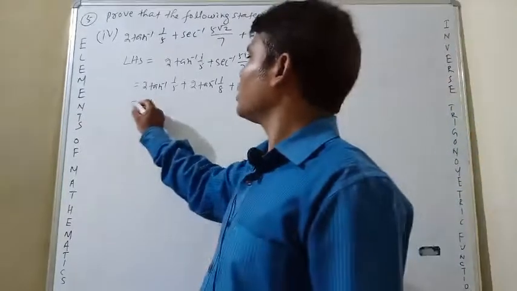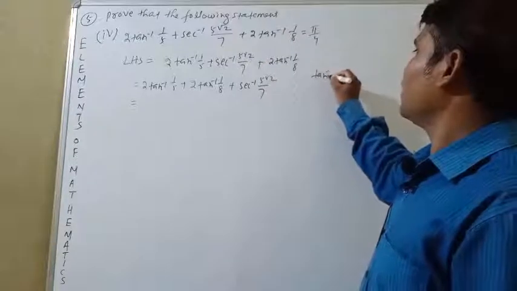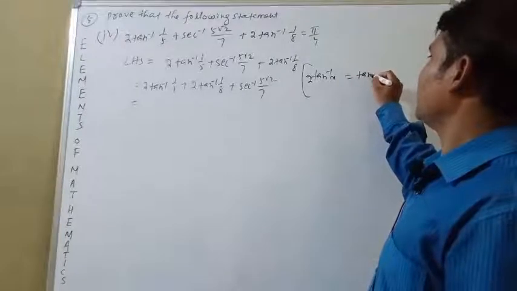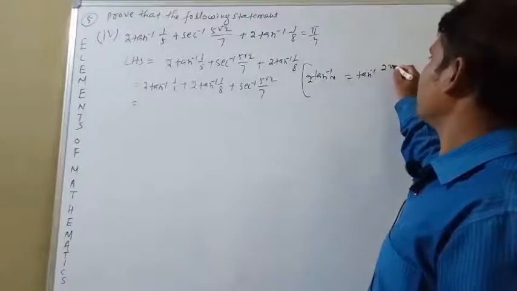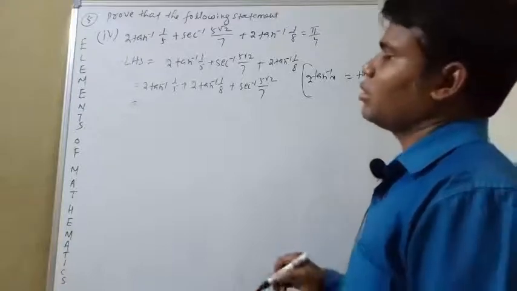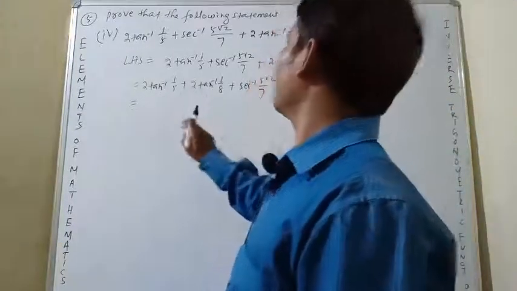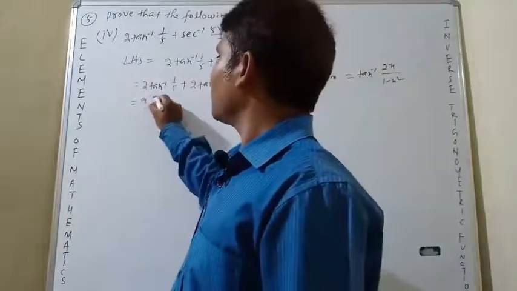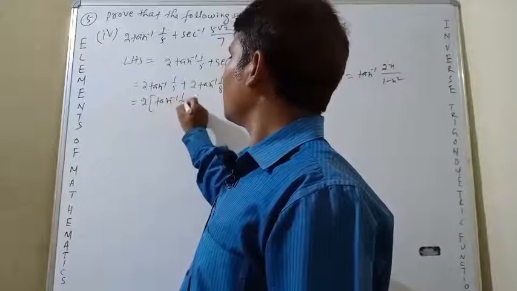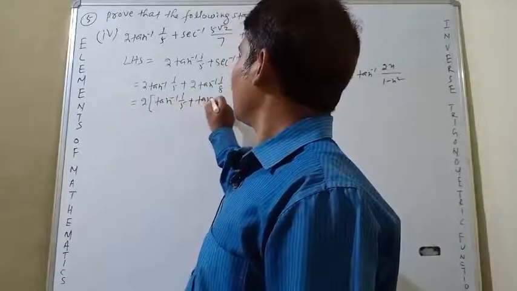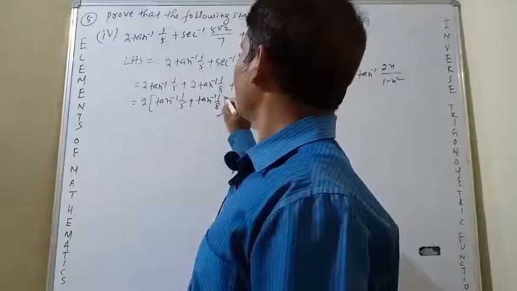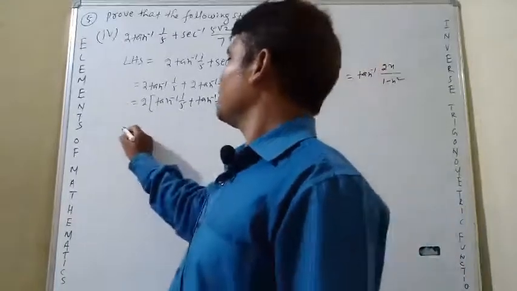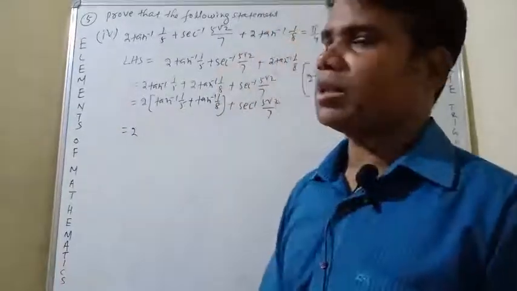So 2 tan inverse x is equal to tan inverse 2x by 1 minus x square. We can apply the formula here and here. Okay, so you can take 2 common: 2 tan inverse 1 by 5 plus tan inverse 1 by 8 plus sec inverse 5 root 2 by 7, that is 2 tan inverse x plus tan inverse y.